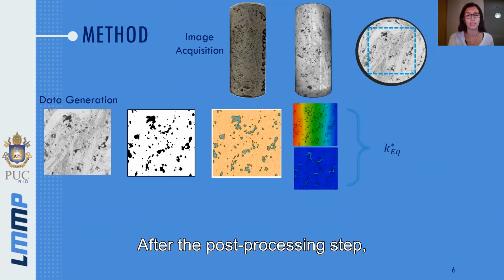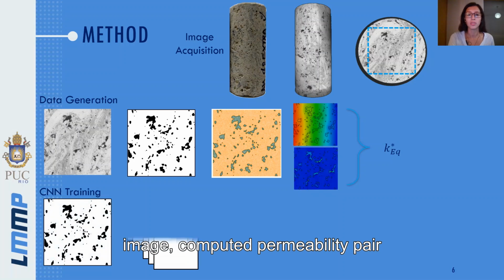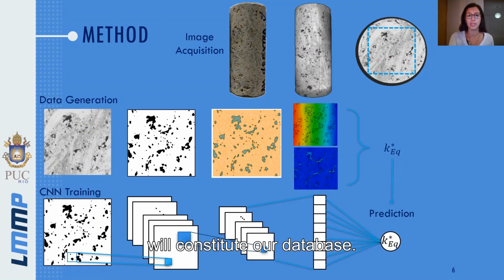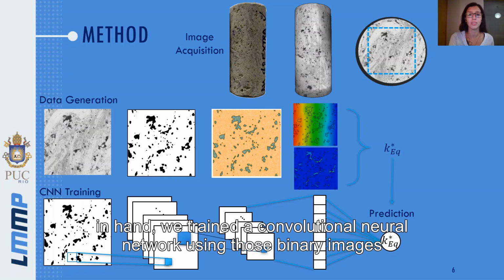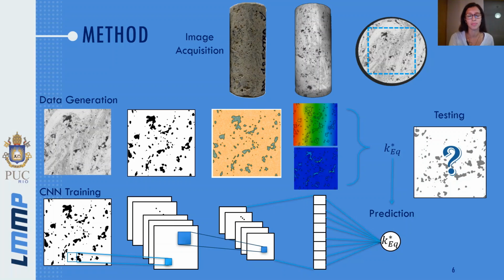After the post-processing step, the equivalent permeability is computed. The binary image and computed permeability pair will constitute our database. With these values in hand, we train a convolutional neural network using those binary images to instantly predict equivalent permeability for unseen images.